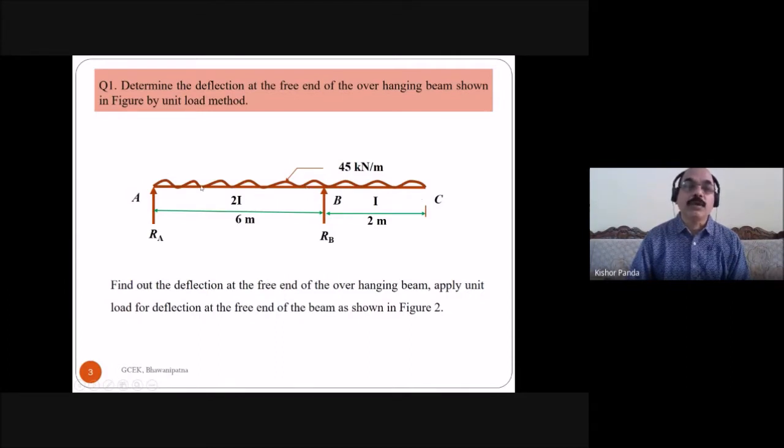Also, you have to remove the external force and apply a unit load at the point C, and due to that unit load, find the reactions at the ends A and B, and the moment at the sections between A and B and between B and C.